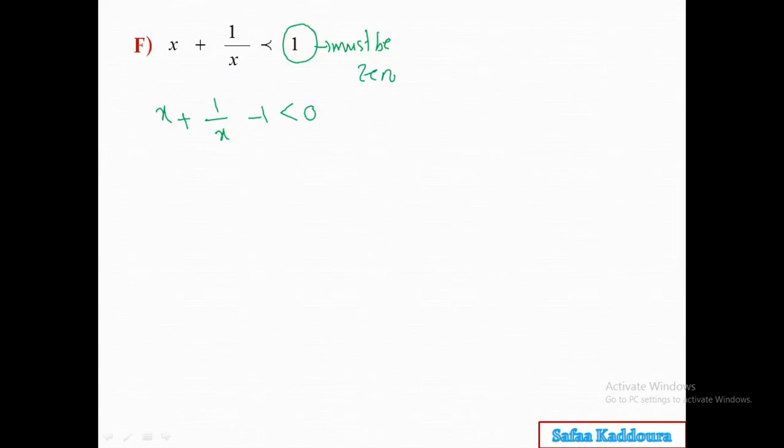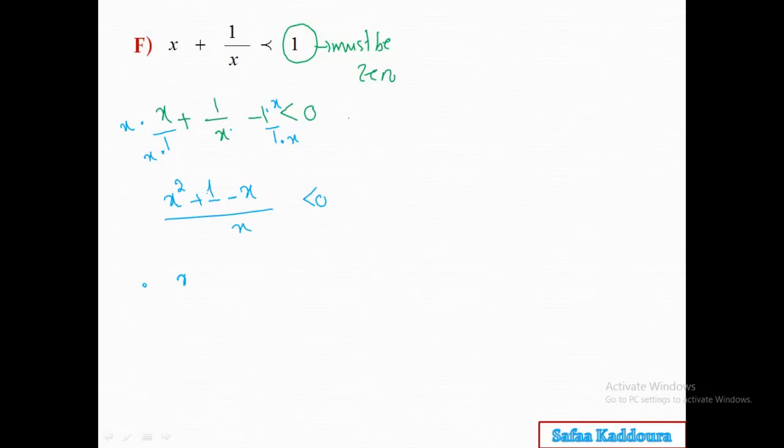Then we will take a common denominator. That means here we have over 1, here we have over 1. We want to make the denominator x, so we multiply here by x, and here by x. It will be x squared plus 1 minus x over x less than 0. I want to arrange them: x squared, then x, then the number.